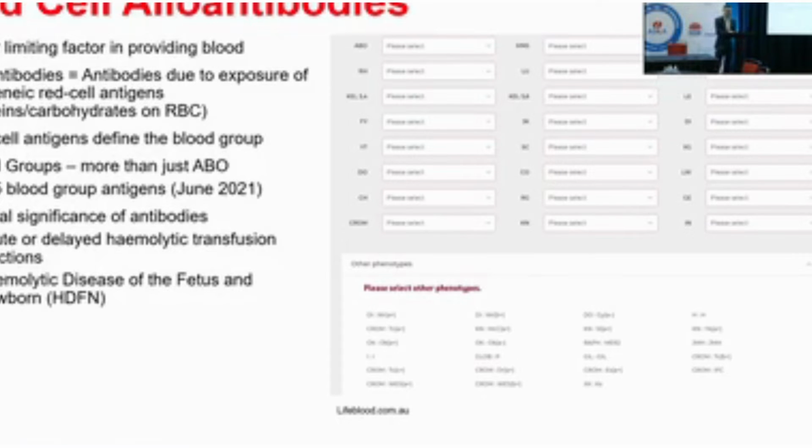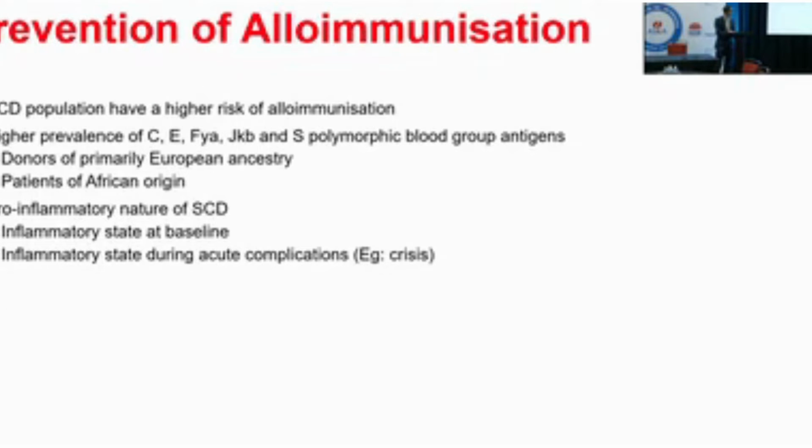So as you can imagine, there's a lot of blood groups to consider and to match. And it's very important to prevent alloimmunization, because the more antibodies a patient gets, the harder it is to provide adequate blood.